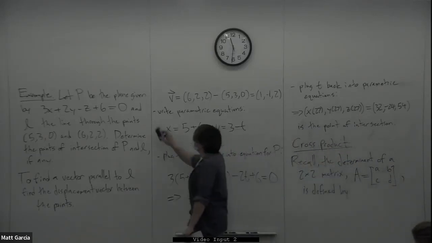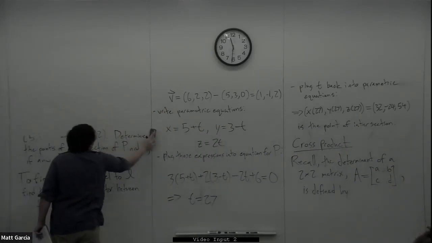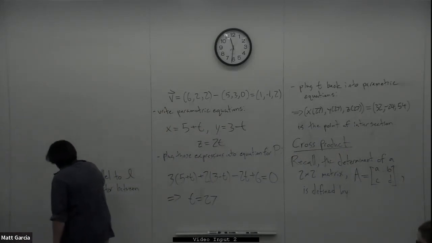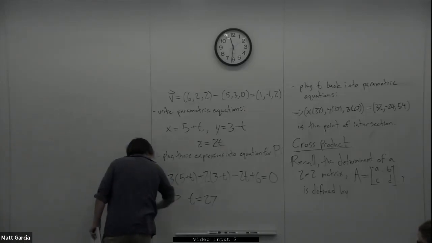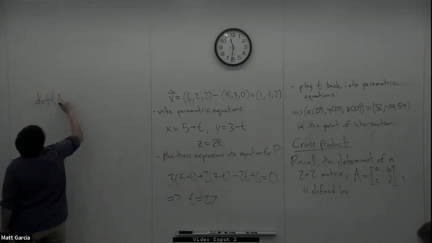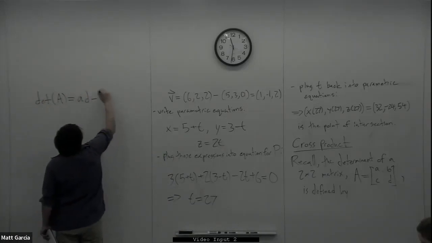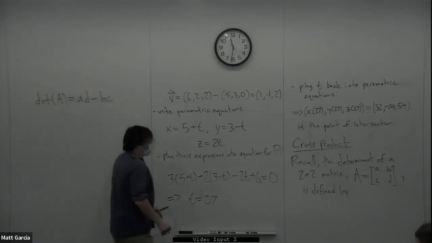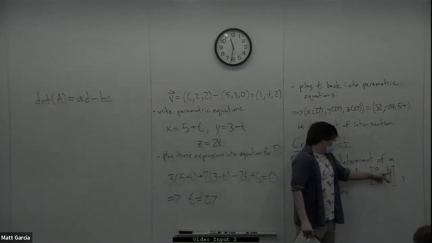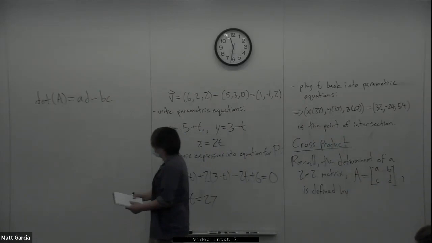I guess I should write this on the next board. Highlight its importance. So this is just something you have to memorize. There's very little I can say to justify this formula, but it's very nice. The determinant of A is equal to A times D minus B times C. That is to say, I multiply the diagonal and then I subtract the other diagonal multiple. Okay.